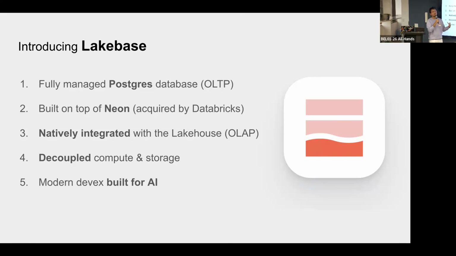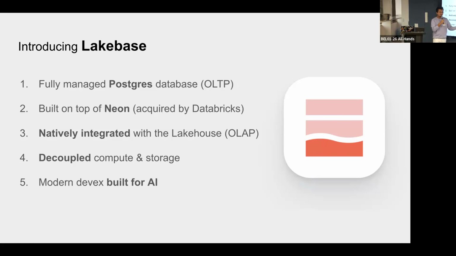Just like you have Lakehouse, where you have decoupled compute and storage, it makes sense that we continue working on the same philosophy, that even if it's an OLTP system, where a lot of the times the compute and the storage are coupled, we don't want to do that. If we can have them decoupled, why not?